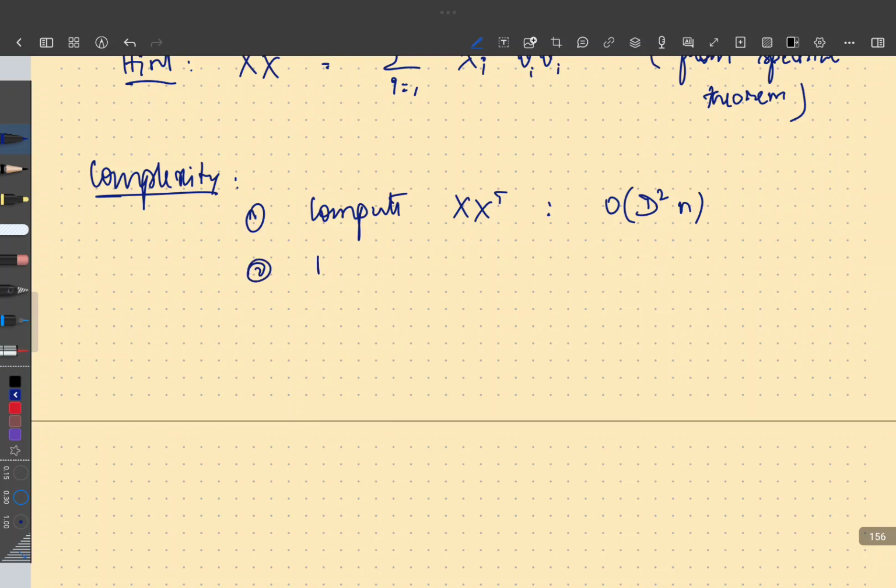And then you need to find the eigen decomposition. What's the complexity of finding the eigen decomposition? Yeah, the best algorithms do it in time order D cube, right?